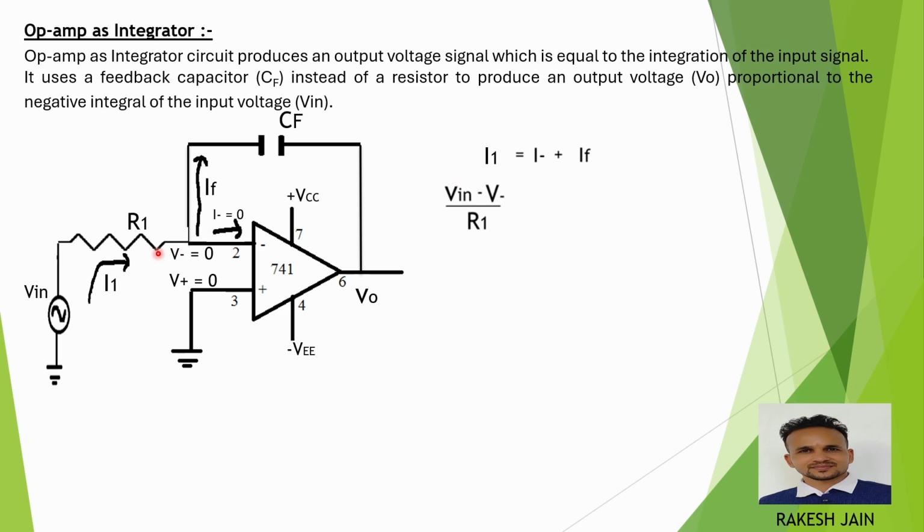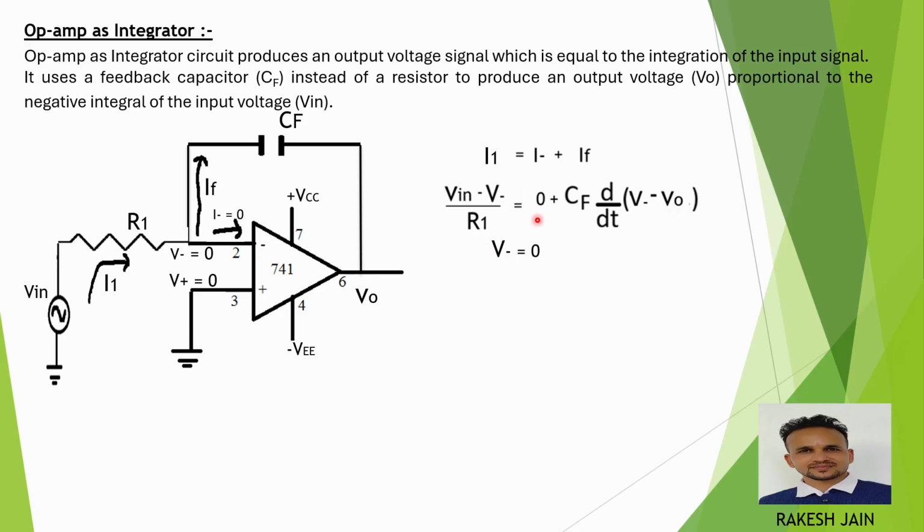I1 is the current passing through the resistor, which is given as V input minus V minus divided by R1. I minus is equal to 0 to maintain the high input impedance. And IF is the current through the capacitor, which is given by CF d by dt of V minus minus V node.